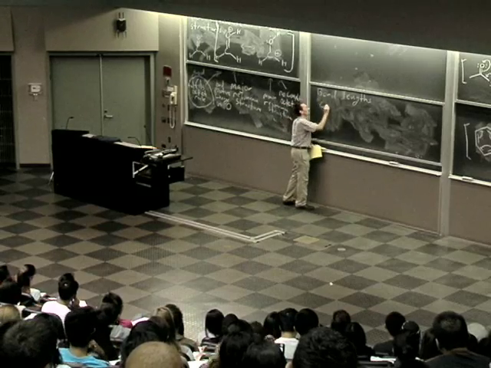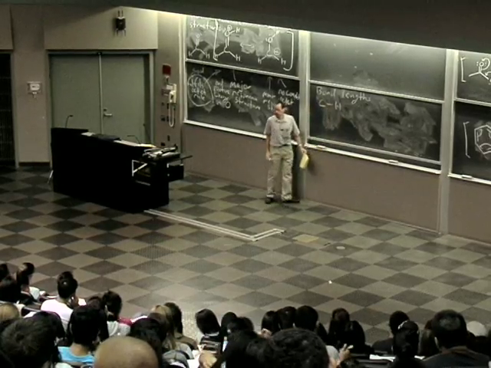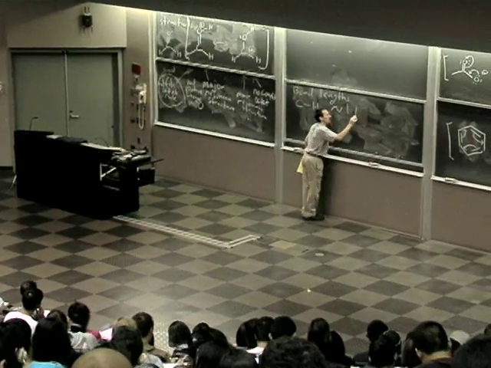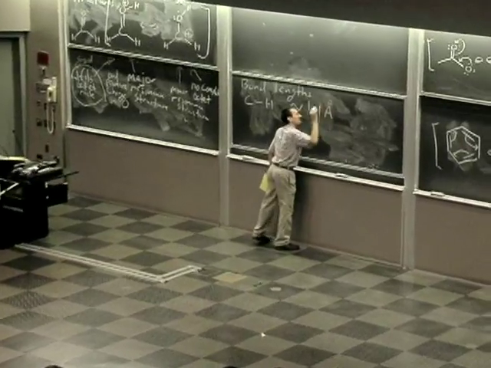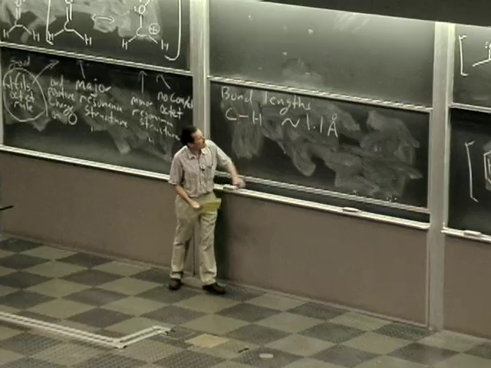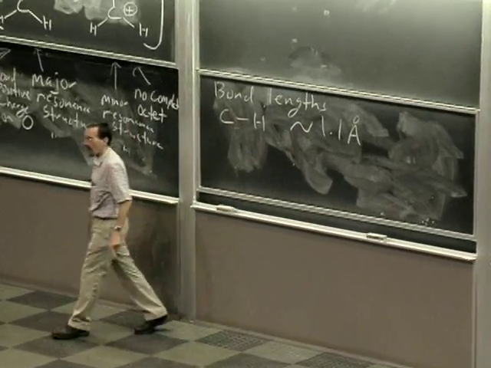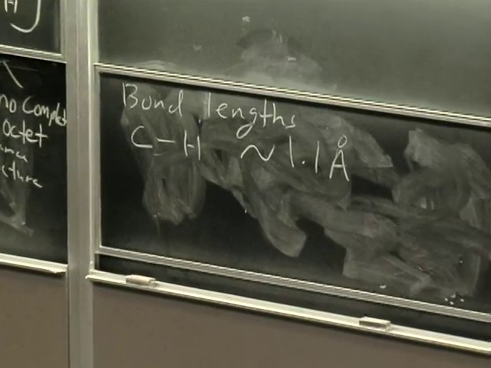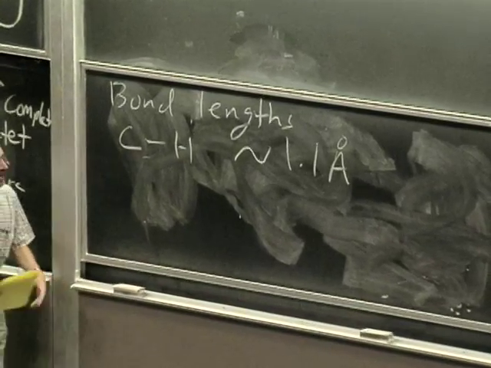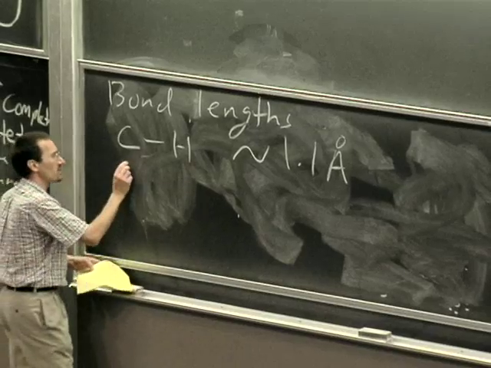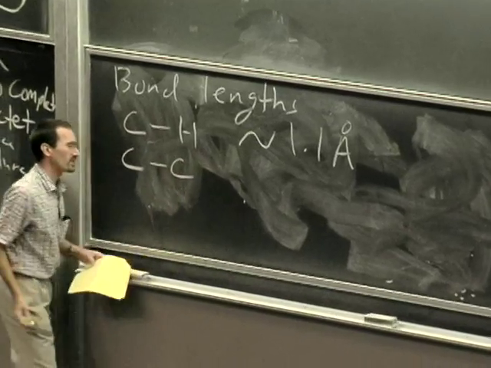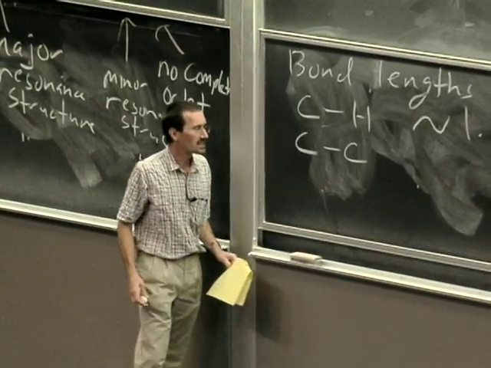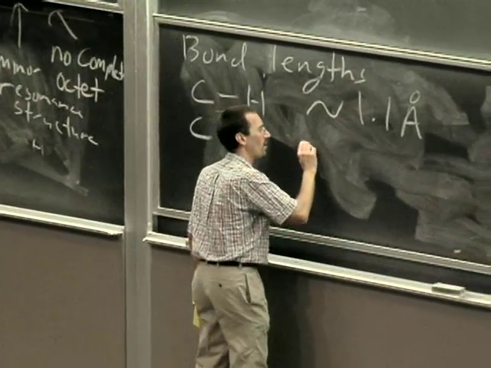All right, for calibration, a carbon-hydrogen bond is about 1.1 angstroms in length. At the end of the class, somebody asked me, what's this little thing? It's a tilde. It's approximately, circa. How about carbon-carbon bond lengths? These are numbers that are worth having at your fingertips. A typical carbon-carbon single bond is about 1.54 angstroms.